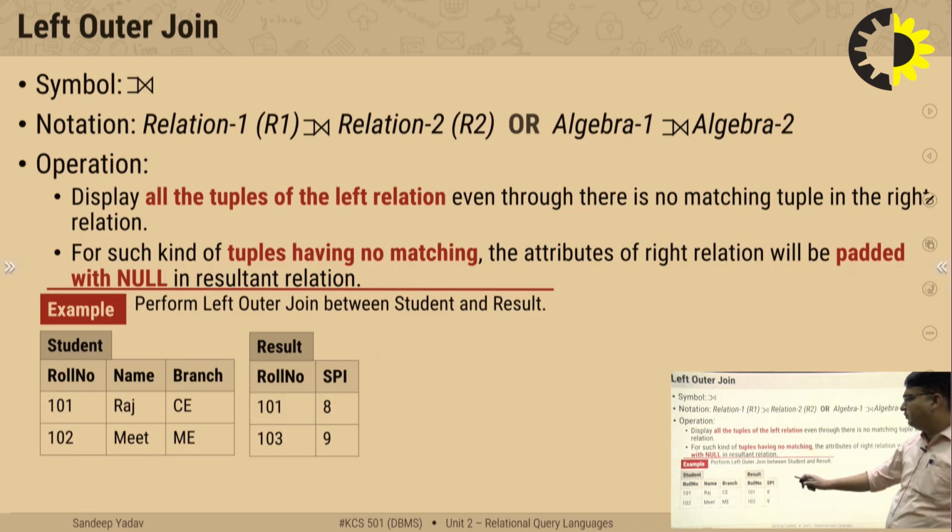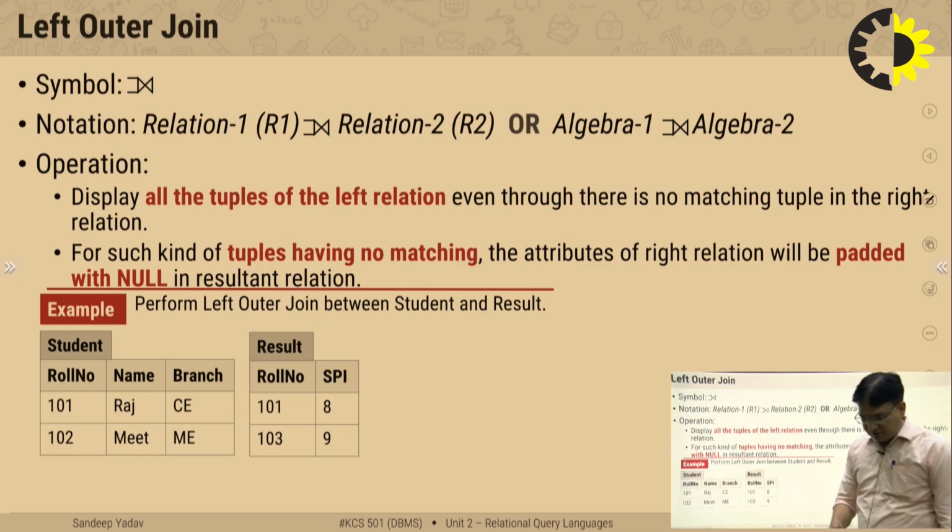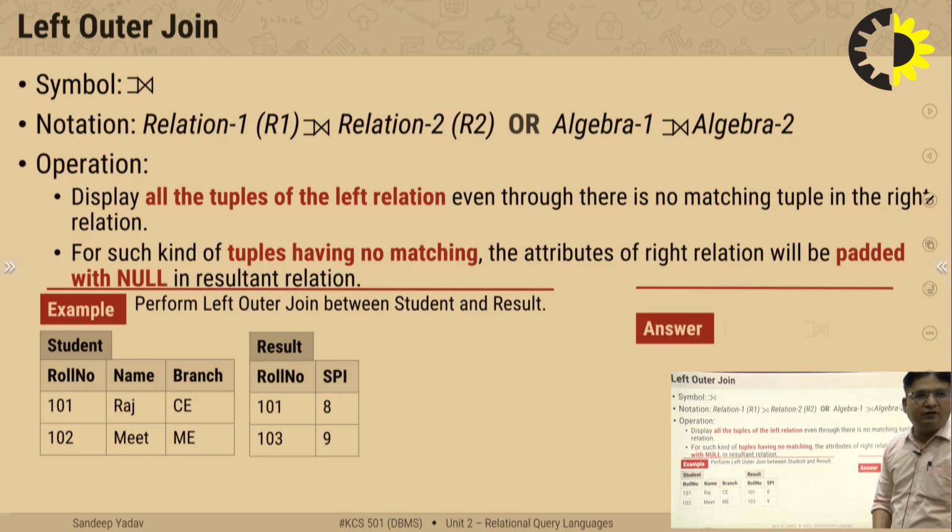Perform the left outer join between the student and the result. So here we are seeing that only 101 is common and we want to show 102 even though there is no corresponding match in this one. So the left outer join will depict 102 also.